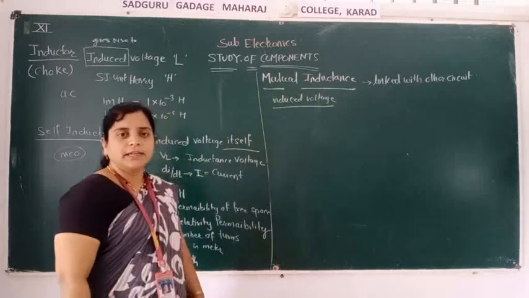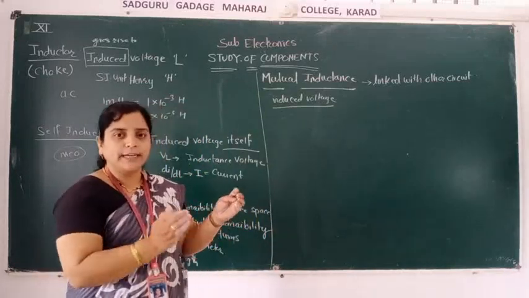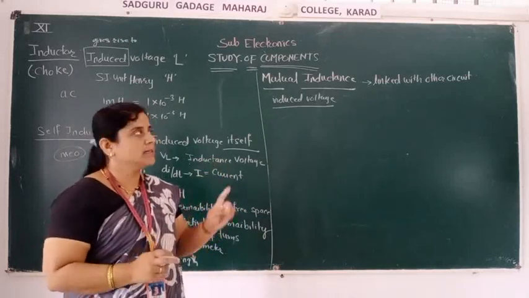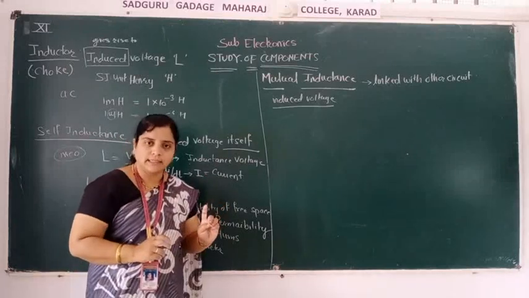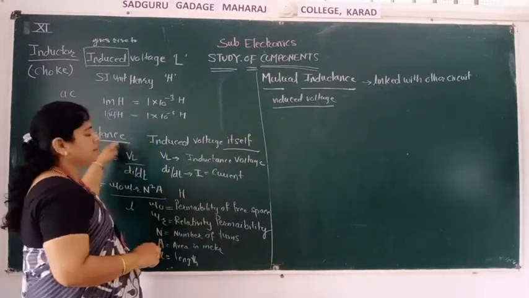You have to give another circuit for induction, and the voltage induced at that time is called the mutual inductance. This is the basic difference from self-inductance, which means itself.